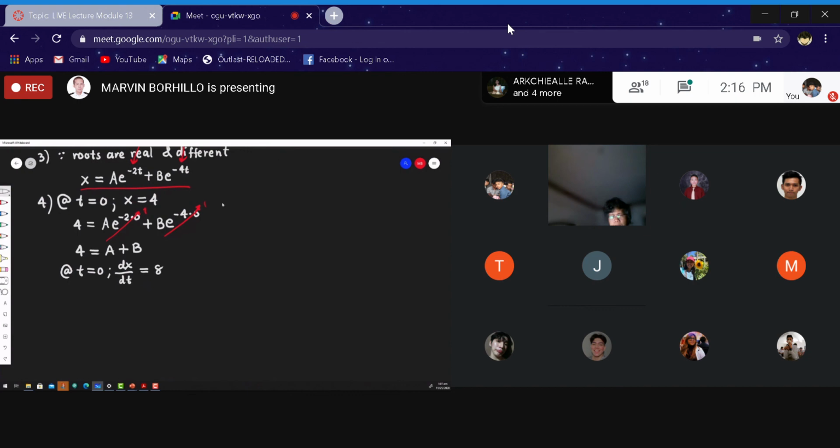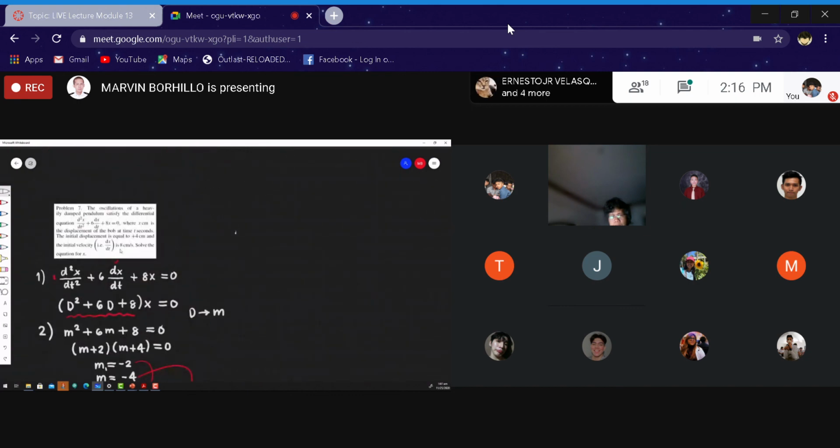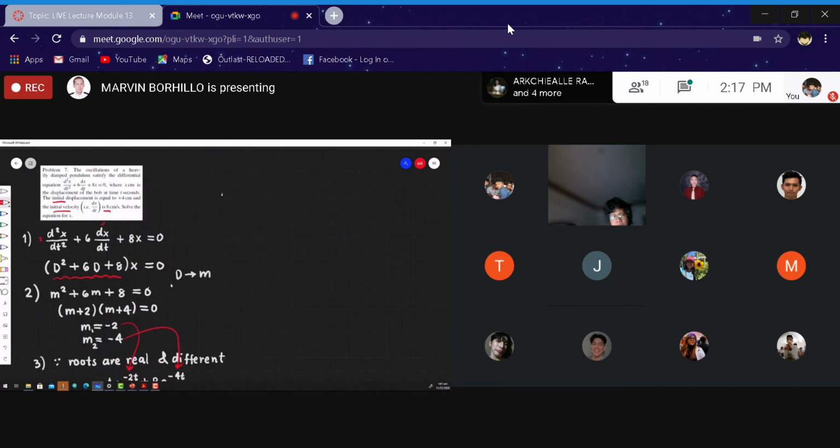Sabi sa problem, kasi the initial displacement is equals to 4. Initial is a clue that t is equal to 0. And initial velocity will be 8. Just forget the units.